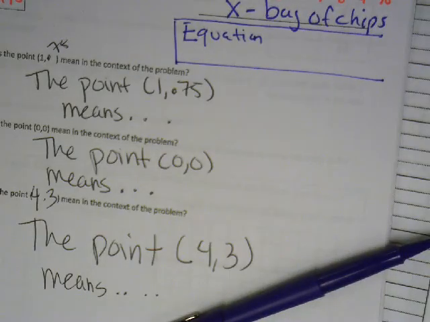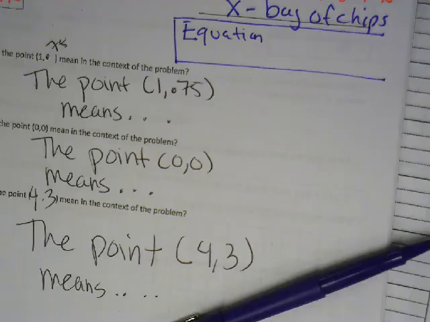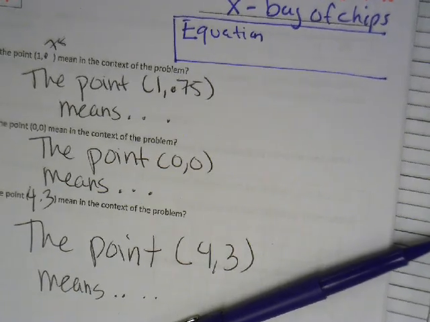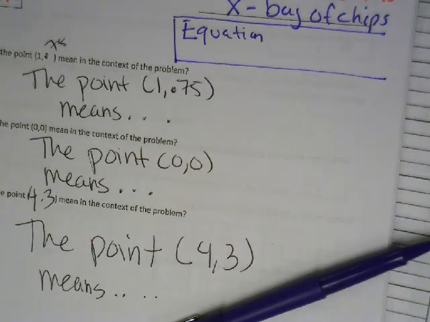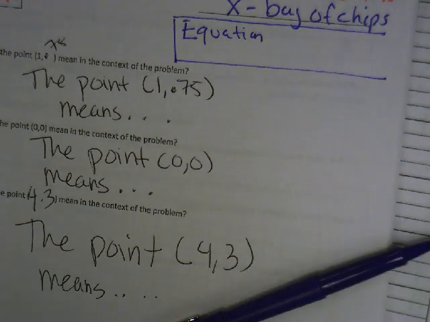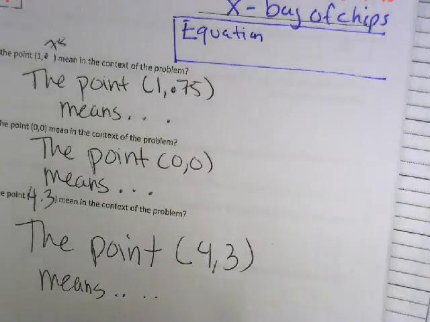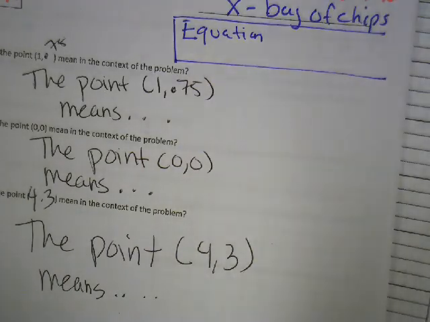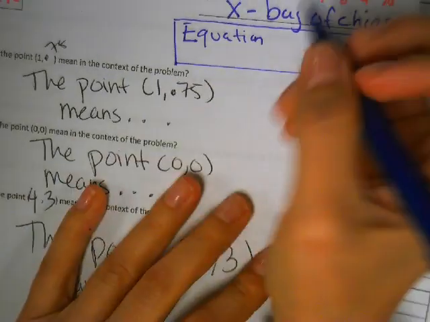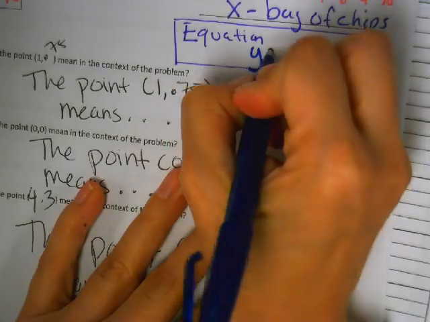You are going to be able to write an equation for all of these problems. In 8th grade and in high school, you'll be writing equations, but I'm the first one who teaches you an equation. Your equation will always start with a y and then an equal sign.